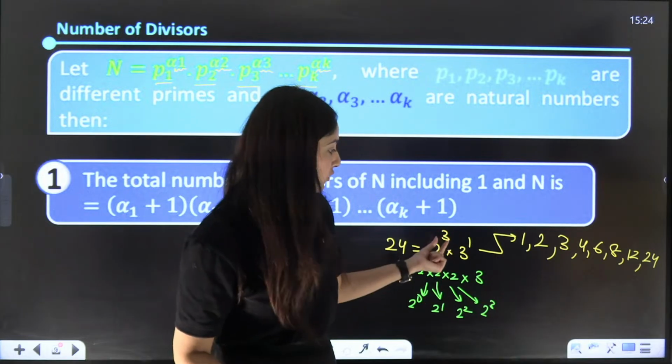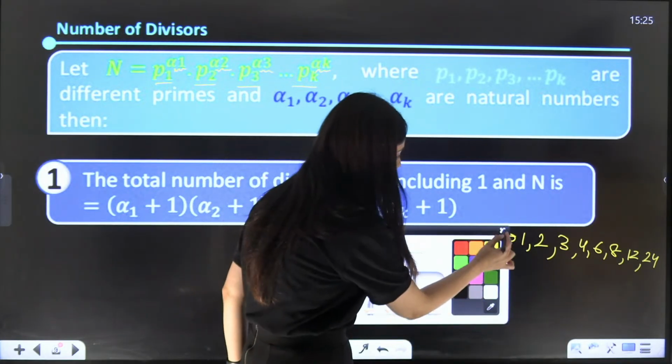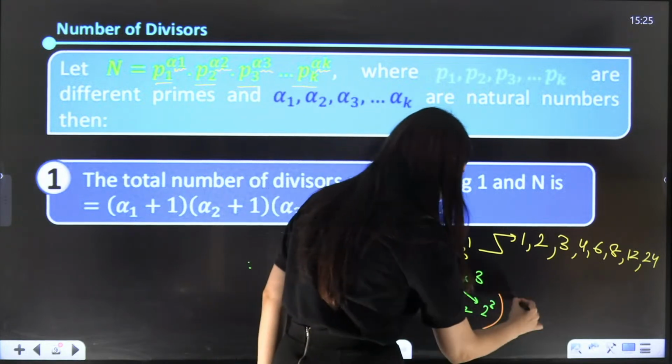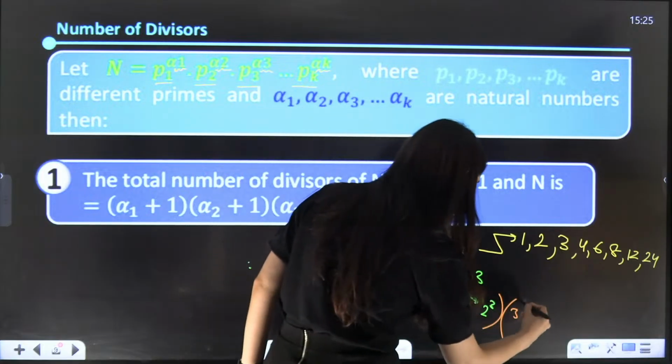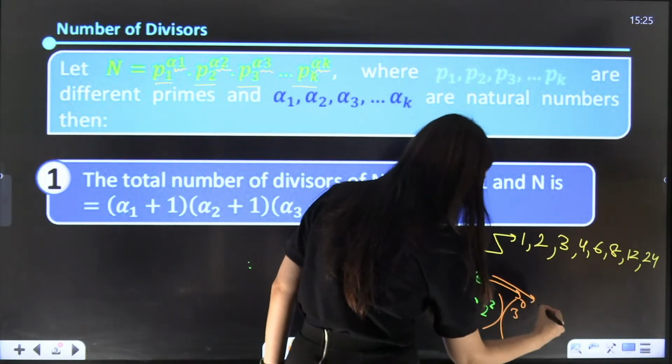Where is this 3 coming from? From the power of that prime number. Then for 3, just like before, this is 1. So we have the option of selecting 0 3's or 1 3.